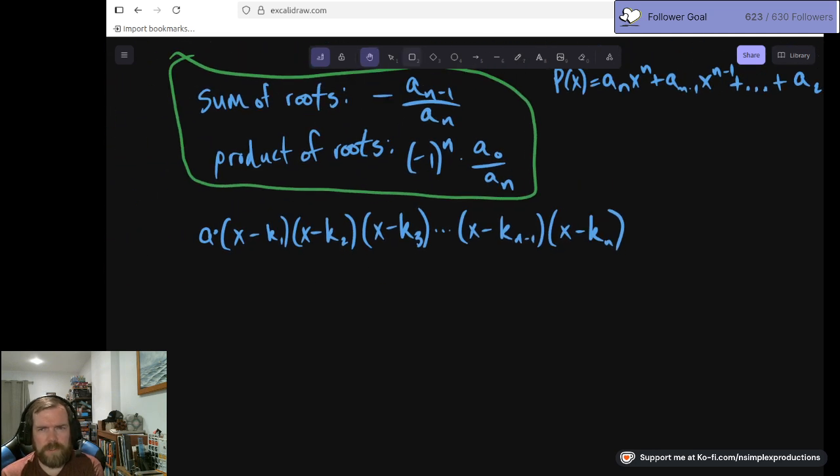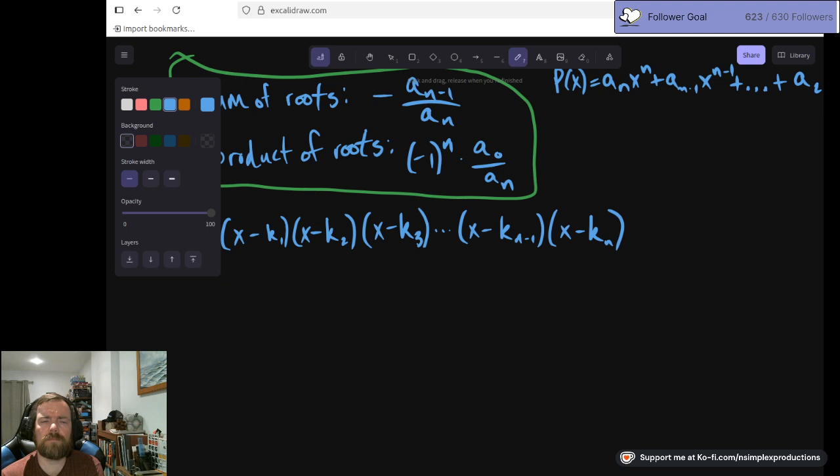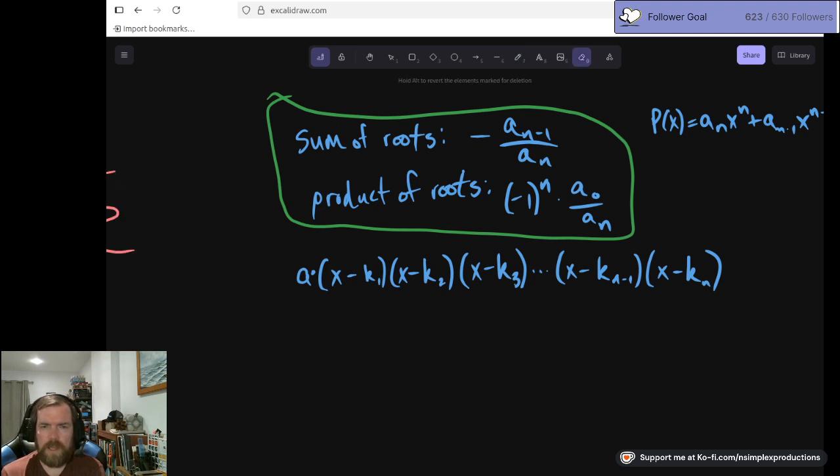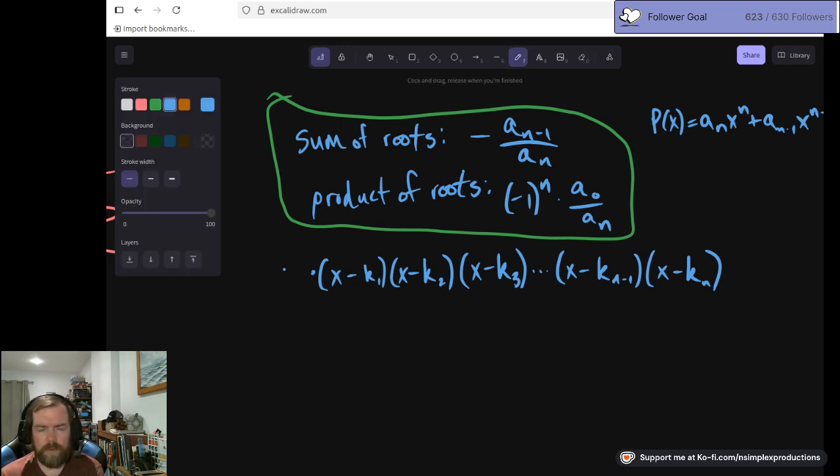When we look at this, in order to get the polynomial multiplied back out, the highest term is going to be the a that's out front multiplied by only the x's throughout the whole thing, and it's got to be equal to a sub n x to the n as the first term. Therefore, if we're just pulling out a number at the beginning and leaving k1, k2, k3, etc. to be zeros, then that a out front needs to be a sub n.